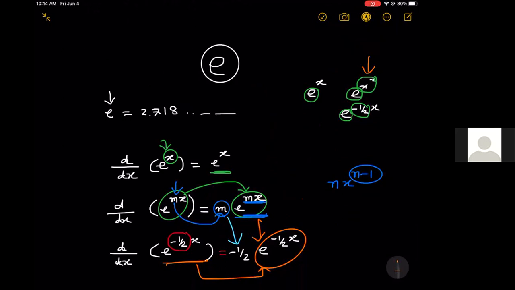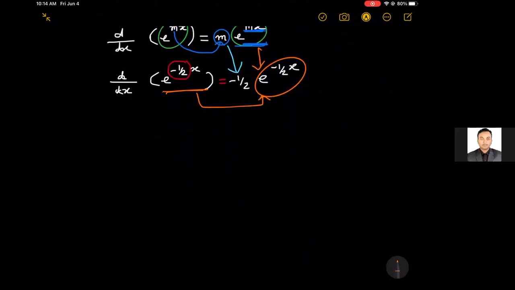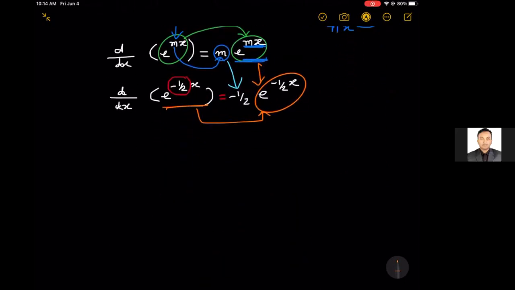My bad. For finding derivatives of this type of function, we actually need some more concepts, some more formulas. We haven't gone that far, but if you have anything like this where m is a value, this x has to be linear. That means the power of this x can't be more than 1 if you want to use this formula.